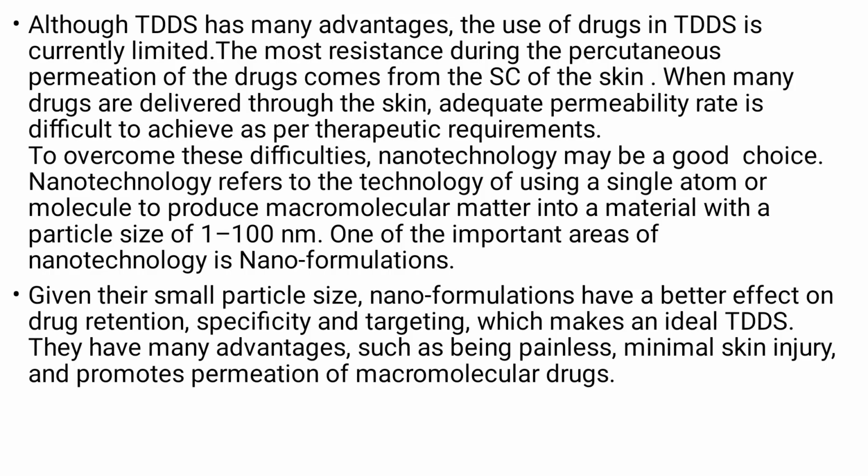The most resistance during the percutaneous permeation of the drug comes from the stratum corneum of the skin. When many drugs are delivered through the skin, adequate permeability rate is difficult to achieve as per therapeutic requirements. To overcome these difficulties, nanotechnology may be a good choice.